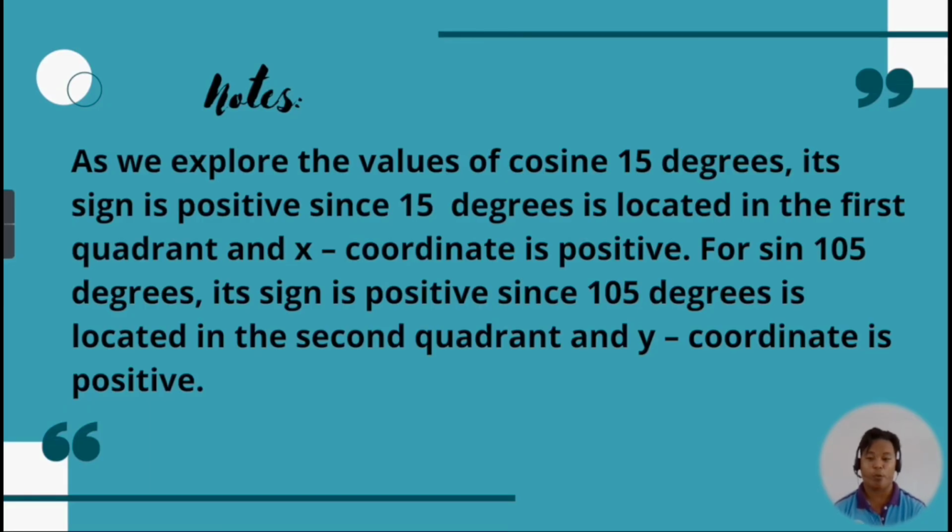So as we explore the values of cosine 15 degrees, its sign is positive since 15 degrees is located at the first quadrant and x-coordinate is positive. For sine 105 degrees, its sign is positive since 105 degrees is located in the second quadrant and the sign of the y-coordinate is positive.